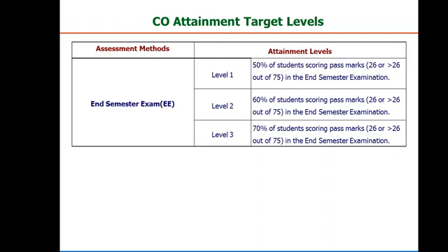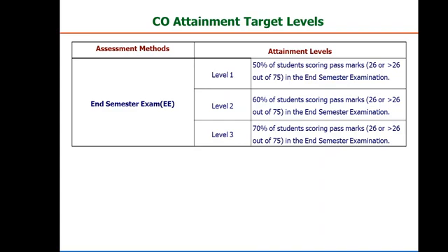So based on the percentage of pass in the external examination, the target levels are defined. Considering 50% of students scoring the pass mark, the pass mark is 26. So we will consider greater than or equal to 26, or greater than 26, out of 75 in the end exam. That depends on the subject difficulty.